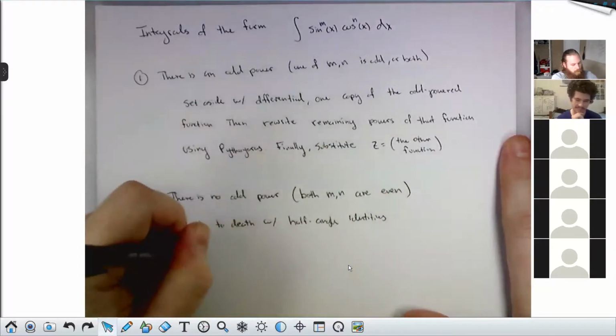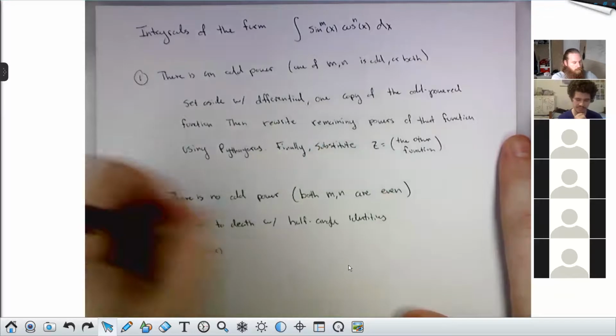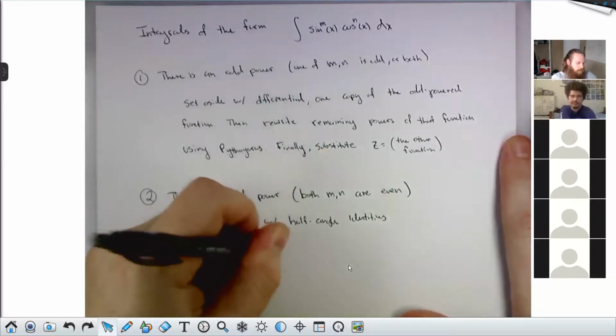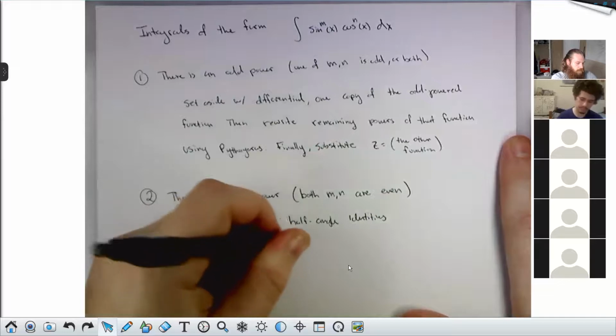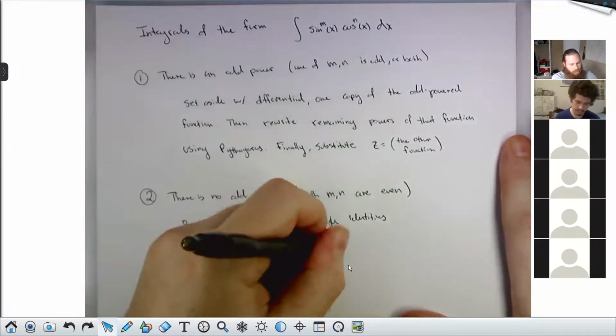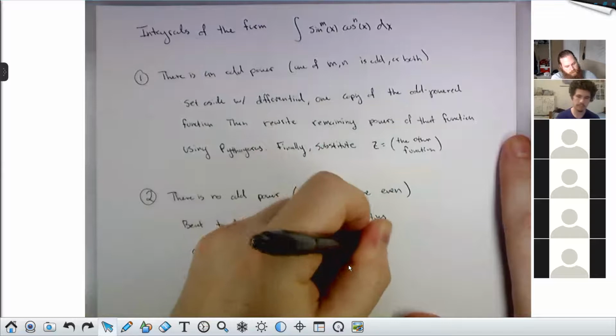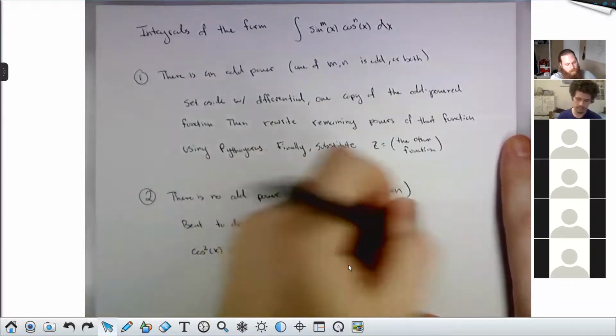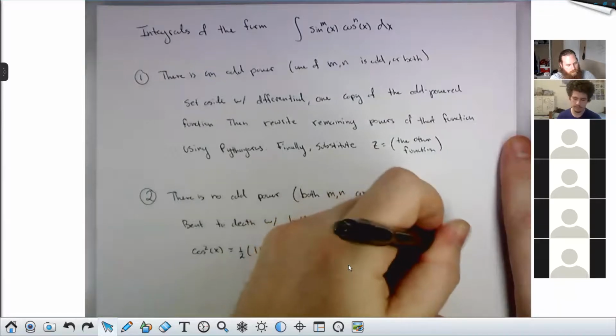Which are cos squared x equals 1/2 (1 plus cos 2x), and sine squared x equals 1/2 (1 minus cos 2x).